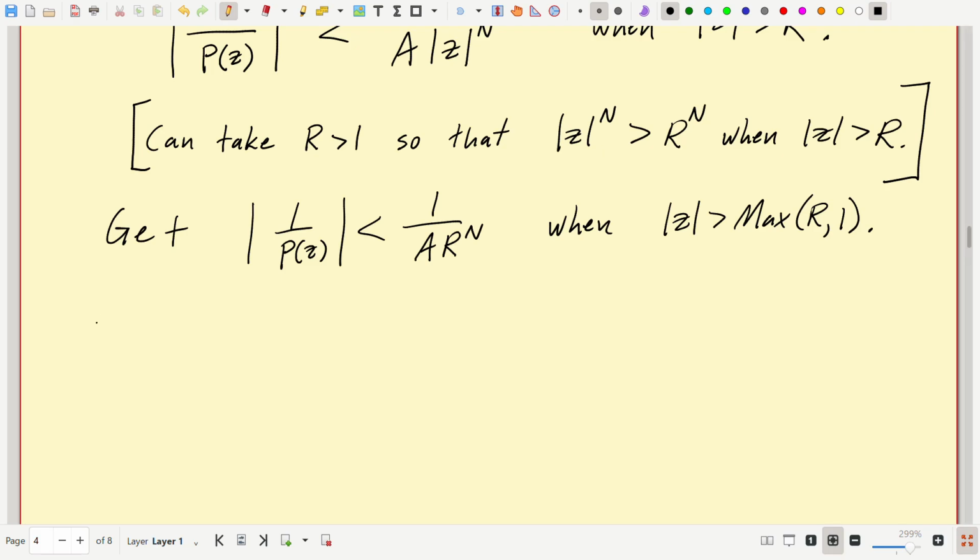So 1 over P of z analytic implies it's continuous.